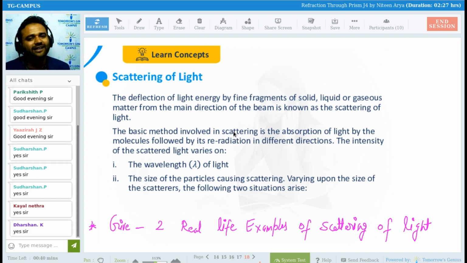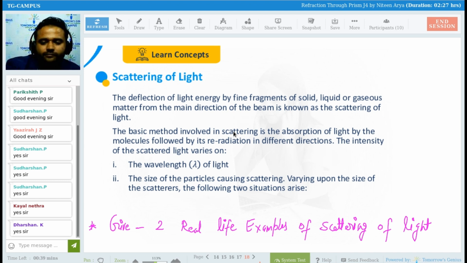Clear? So simply, scattering is the interaction of light, which is photons, with very minute particles, particles having the range of the wavelength of light. Because light is made up of 7 color components, from 400 nanometer to 700 nanometer. 700 nanometer, you can say 0.7 micrometer. So any particle in the range of a few micrometer, 1 micrometer, 0.5 micrometer, can interact with light.